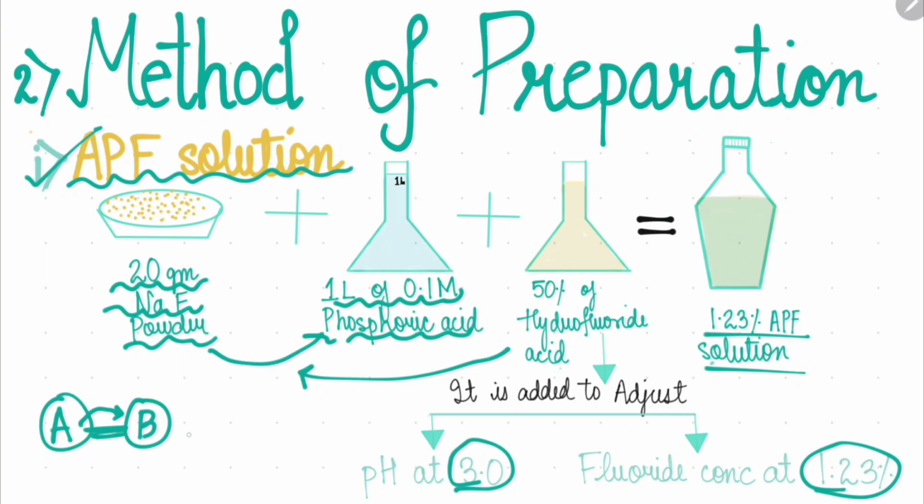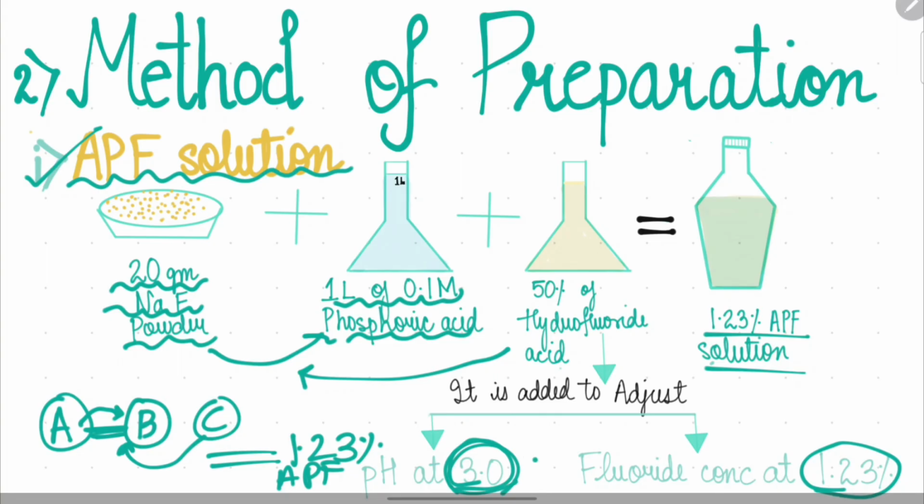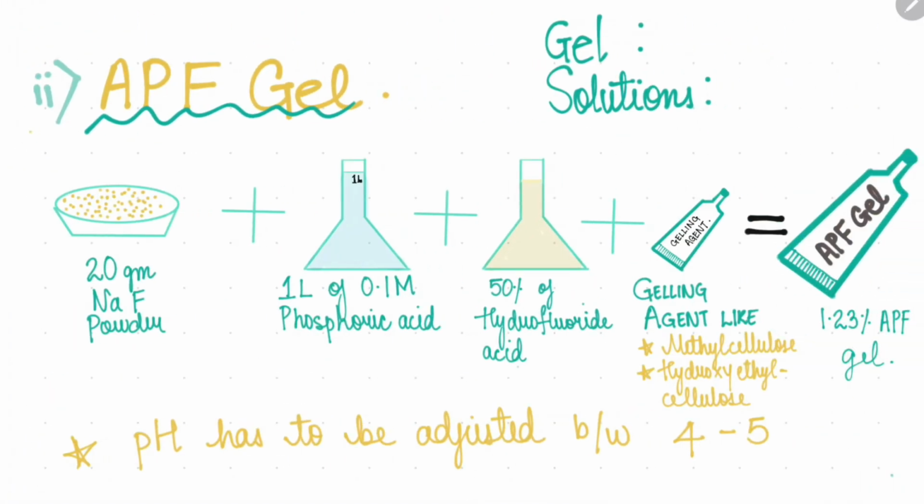To this mixture, we add our third agent, which is 50% hydrofluoric acid, and mix it together so that we get our product, which is 1.23% APF solution. Please remember what is the pH of APF solution. It is 3.